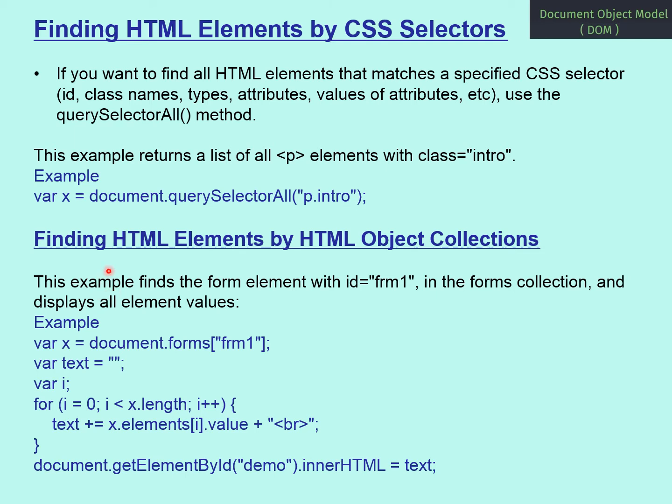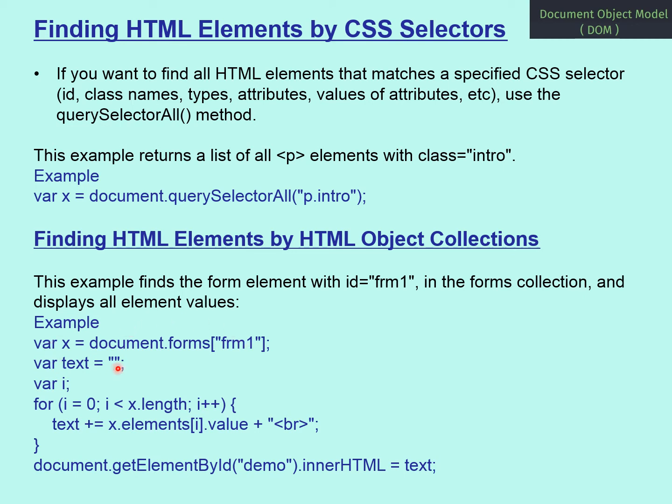The next method is finding HTML elements by HTML object collections. This example finds the form element with ID form1 in the forms collection and displays all the element values. Variable x is equal to document.forms of form1. So all the data related to the form with ID form1 is assigned to variable x.